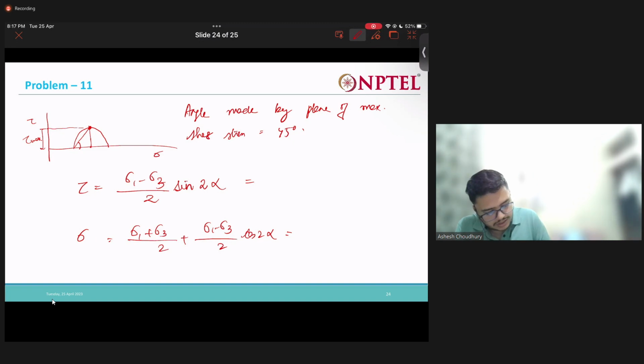So this will come out as 1.56 kg per meter square.